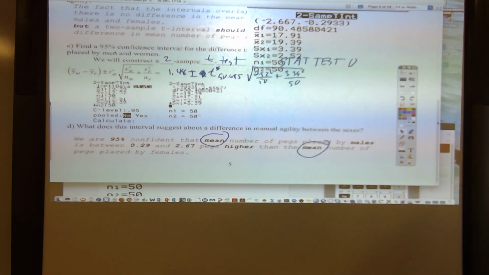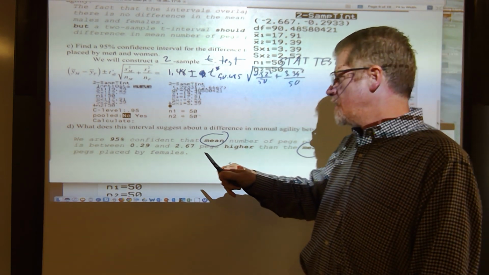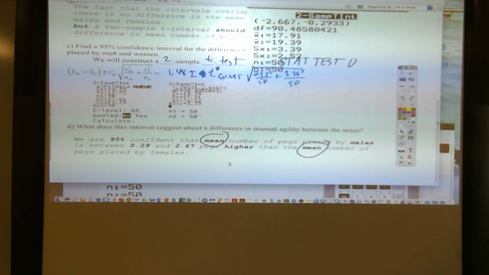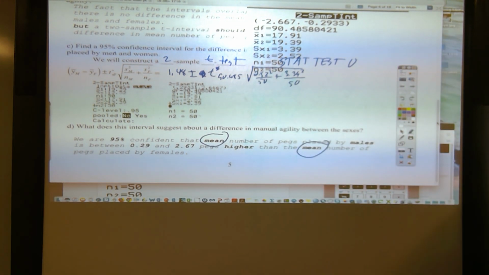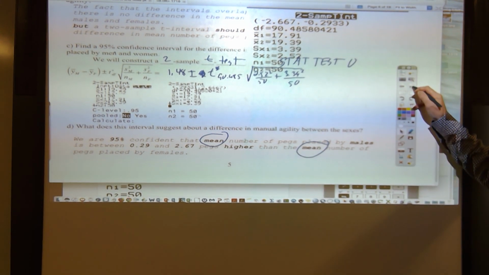We'd say we're 95% confident that the mean number of pegs placed by females is between 0.29 and 2.67 pegs lower than the mean number of pegs placed by males. Either one would be correct. You just have to be aware of the direction of the subtraction. Do you have any questions on part D? You can record it either way, just make sure you're aware of the direction of the subtraction.